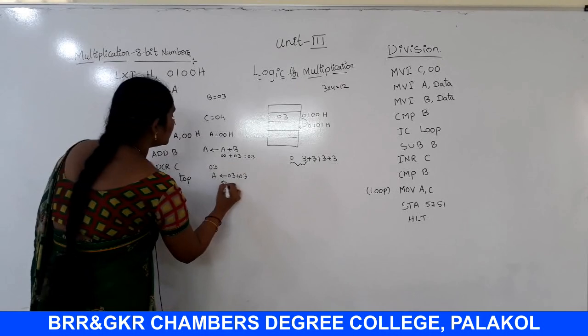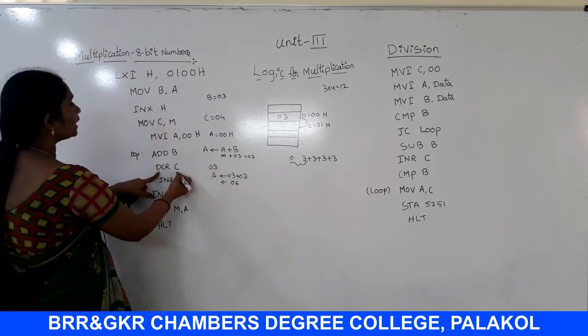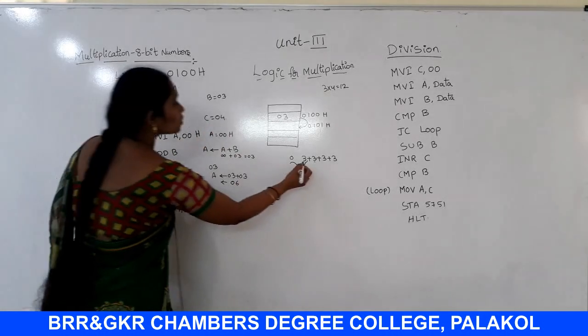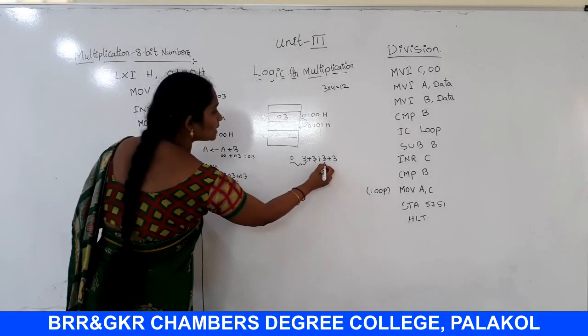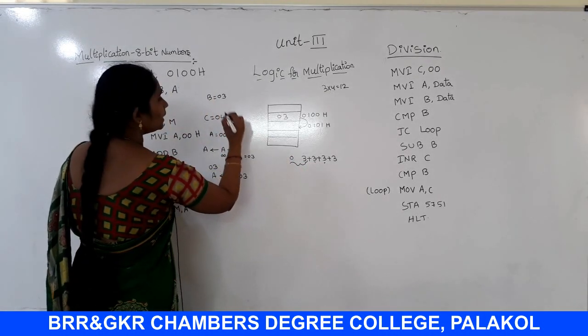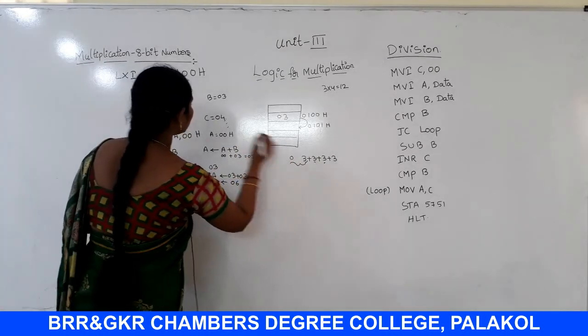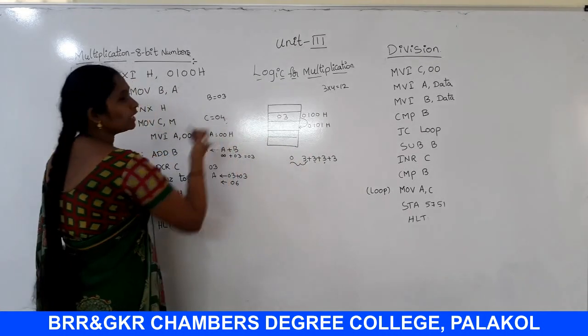So therefore the number is 06. Okay, and again decrementing of this C. So 4 is completed, 3 is completed and 2 is completed.